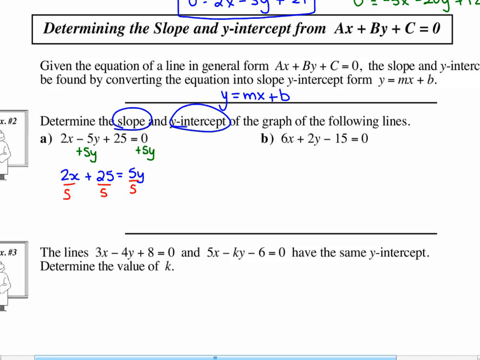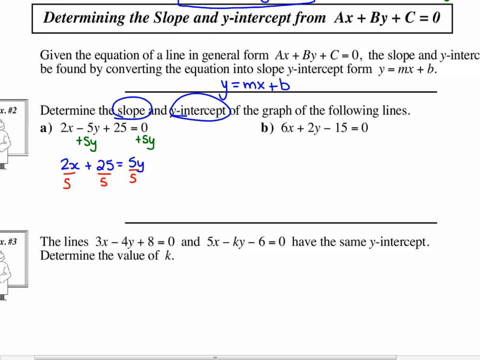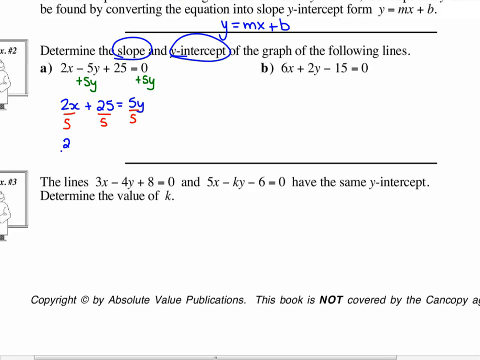So our equation is 2/5 x plus 5 equals y. And y can be on the other side. It doesn't really matter. Usually the left, but yeah.